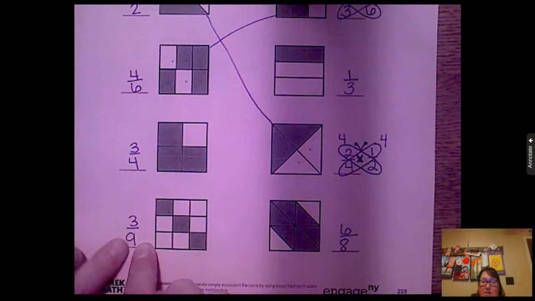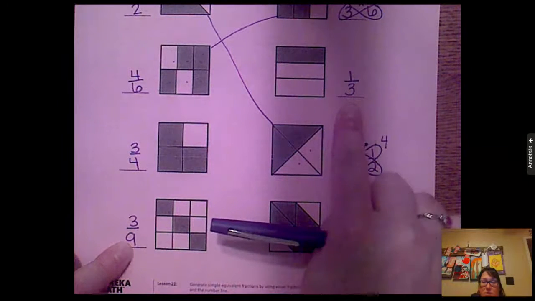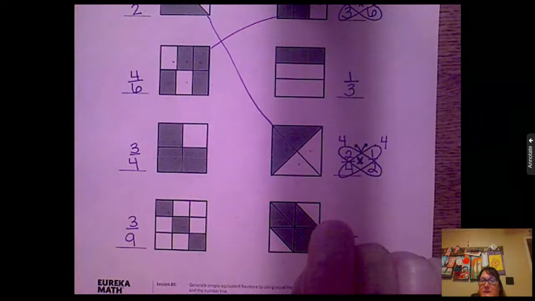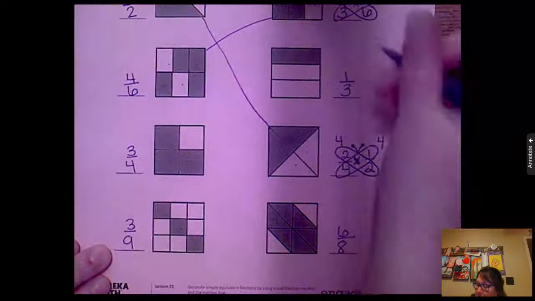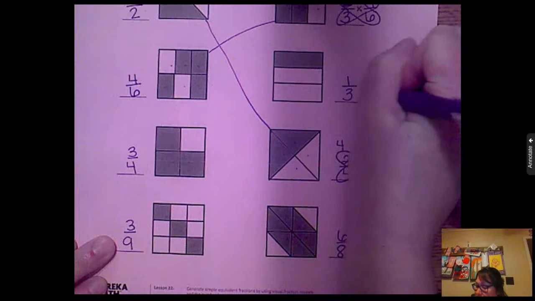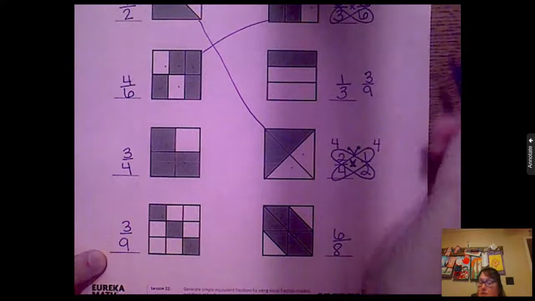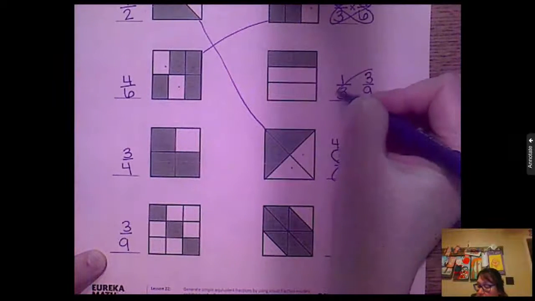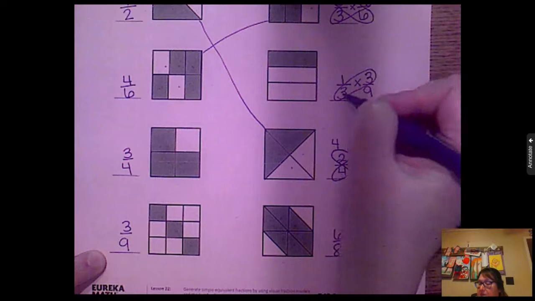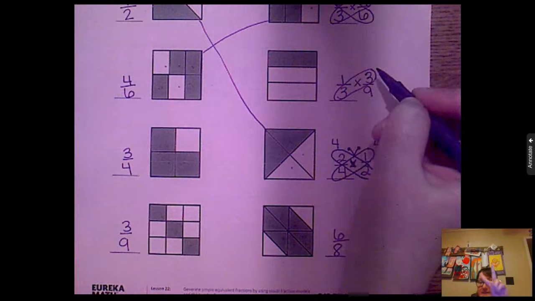So I think that 3/9 is equivalent to 1/3. Do you agree with me? What can we do to check to make sure? A butterfly, right? So let's do our butterfly right next to it. So we have 1/3 and 3/9. That's what we think is equivalent. Okay. So we're going to make the one wing, connect the 3 and the 3. We're going to multiply. 3 times 3, 3, 6, 9.